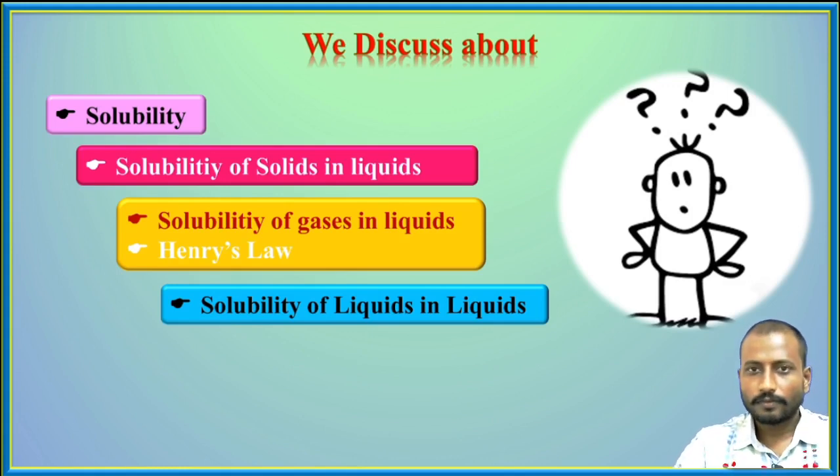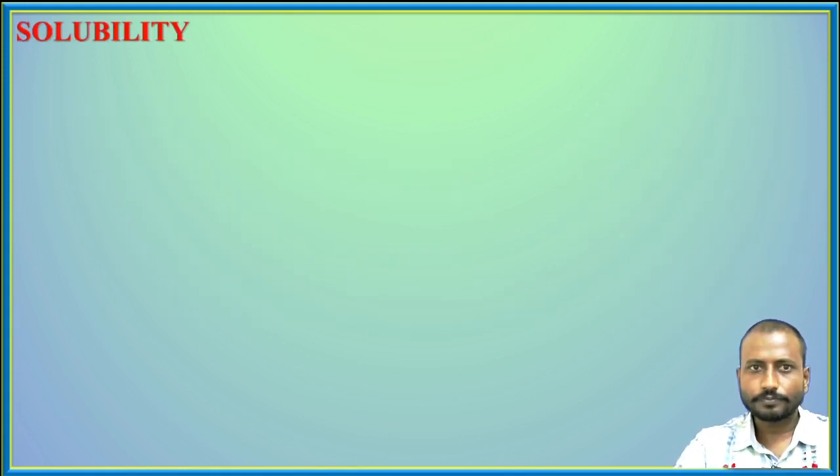What would be there for us to discuss? Solubility. What is the meaning of solubility? We dissolve substances like sugar in water to make a gulab jamun recipe. That is my favorite example because everybody is going to face that problem once or twice a year.